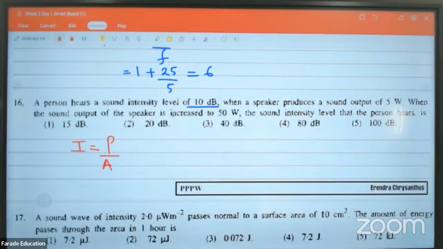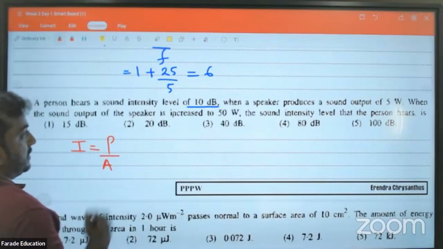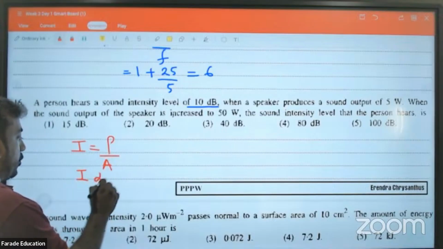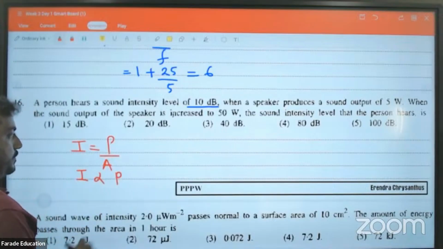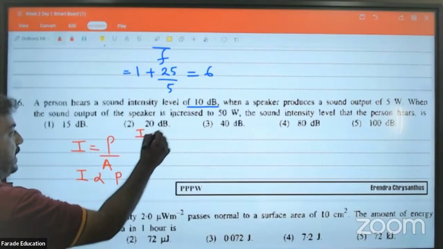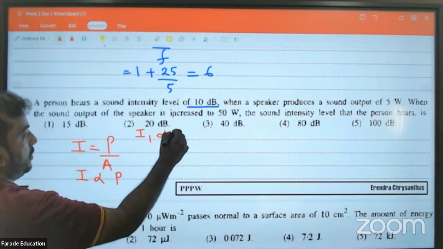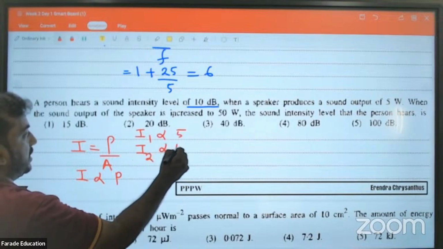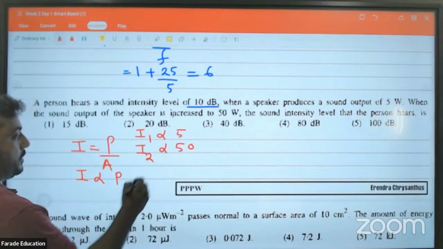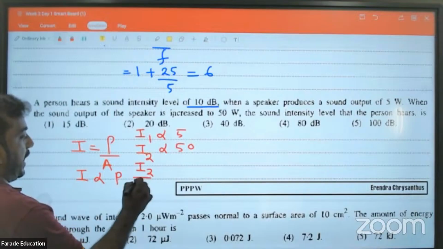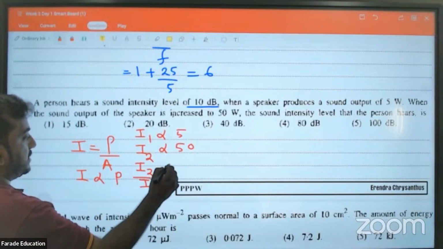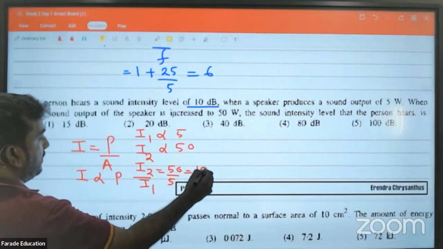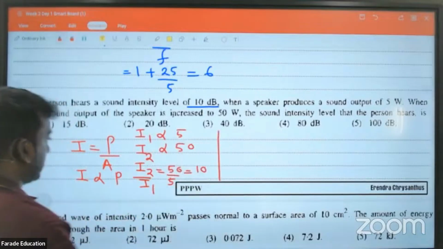Assuming the distance is the same, intensity is proportional to power. Intensity I1 is proportional to 5 watt, intensity I2 is proportional to 50 watt. From this you can say I2 divided by I1 is 50 divided by 5, which is 10.